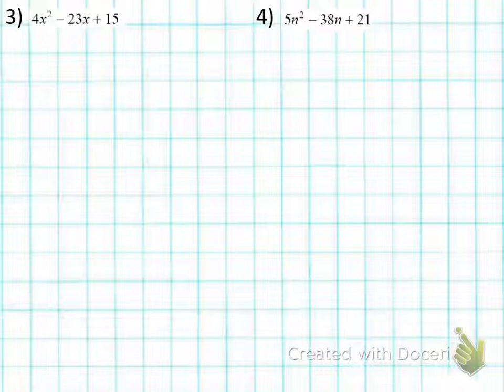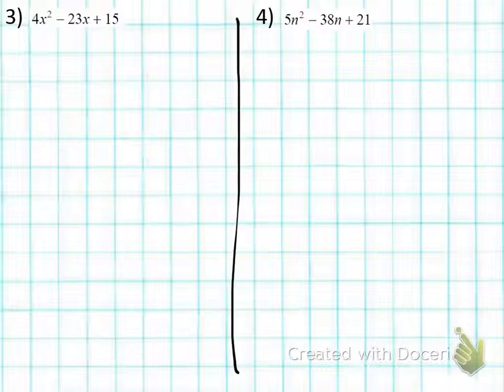Okay, so here we go. Let me just make a little room here. Okay, so let's do this one together. What's A equal to, everyone? B is equal to? C is equal to? Good, okay. Now we're going to draw our X box.